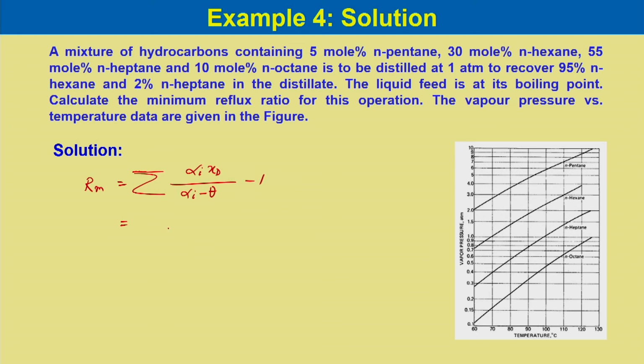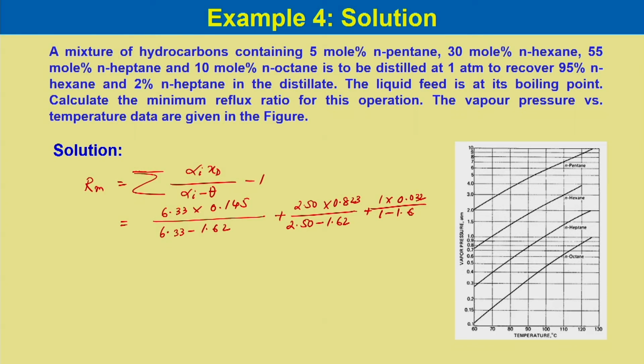So, now if we substitute, it is 6.33 into 0.145, which we have obtained earlier, divided by 6.33 minus 1.62, this is for pentane, plus 2.50 into 0.823 divided by 2.50 minus 1.62, this is for hexane, plus 1 into 0.032 divided by 1 minus 1.62, minus 1.